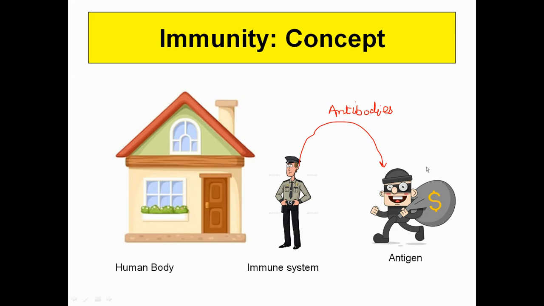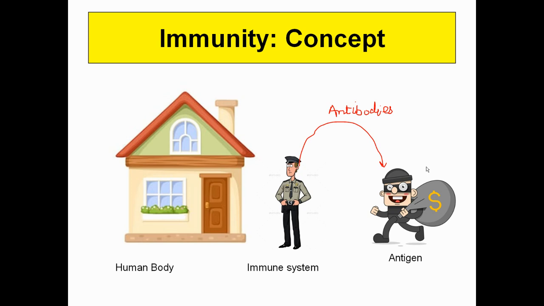So let's begin. First of all, we need to understand the concept of immunity. Always understand the concept of immunity with the help of an analogy: a house which is protected with the help of a guard, and a robber might come. That robber is going to be defeated in his motive by the guard.